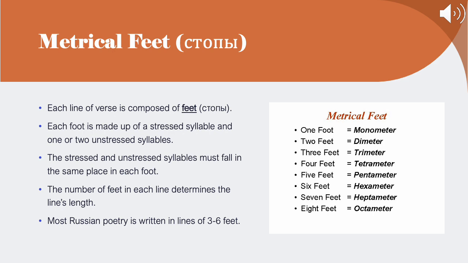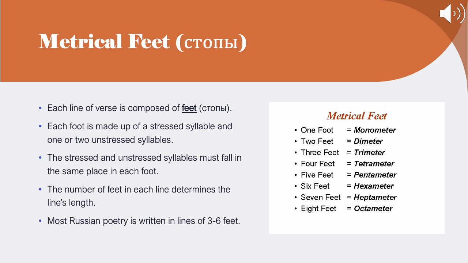But in this type of syllabotonic poetry that we're dealing with here, the feet are regular. And so they're each going to have the stress in the same place and the unstressed syllable in the same place in each foot. So again, it's very regular and predictable, and once you learn it, you know where the stresses go when you're reading Russian poetry. It's so fabulous.